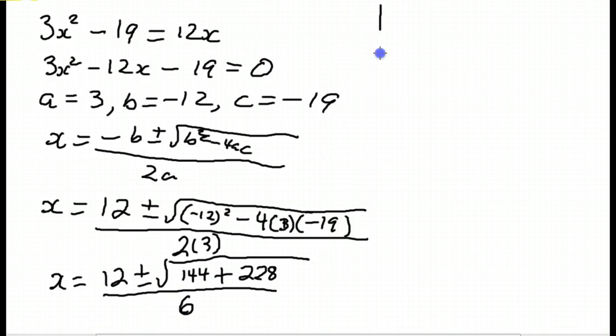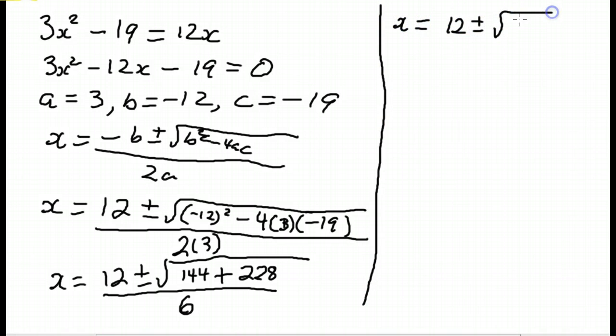Let's just go up here and we'll continue over here. So x is equal to 12 plus or minus the root of 372 all over 6. Now, I think this will simplify, and how can I do that?